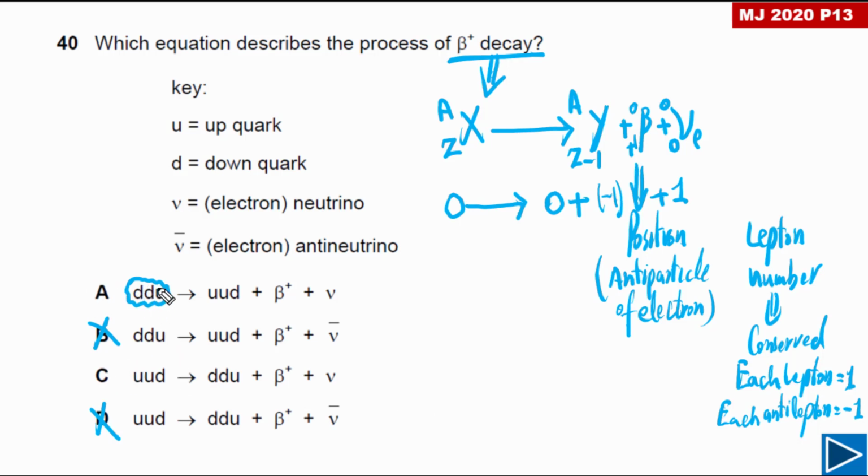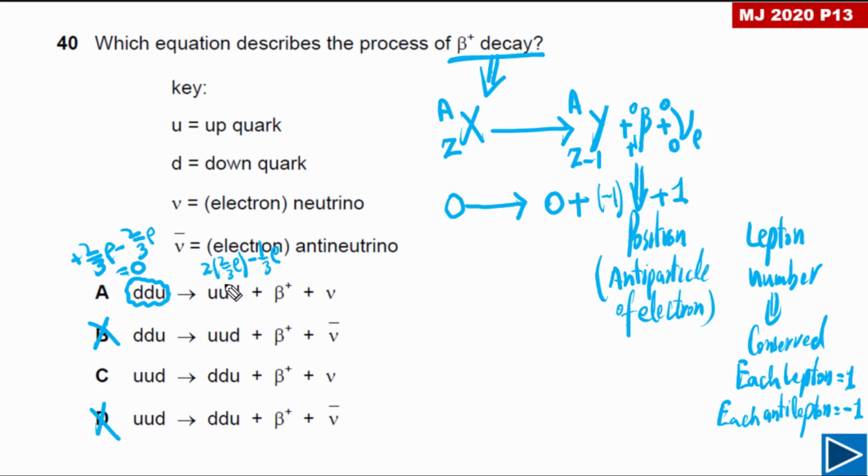First of all, let's look at option A. The charge on this is plus 2/3e. We have 2 down quarks, so the net charge on this is equal to 0. But if you look at the total charge here, we have 2 up quarks, so 2 times 2/3e, plus 1/3e.